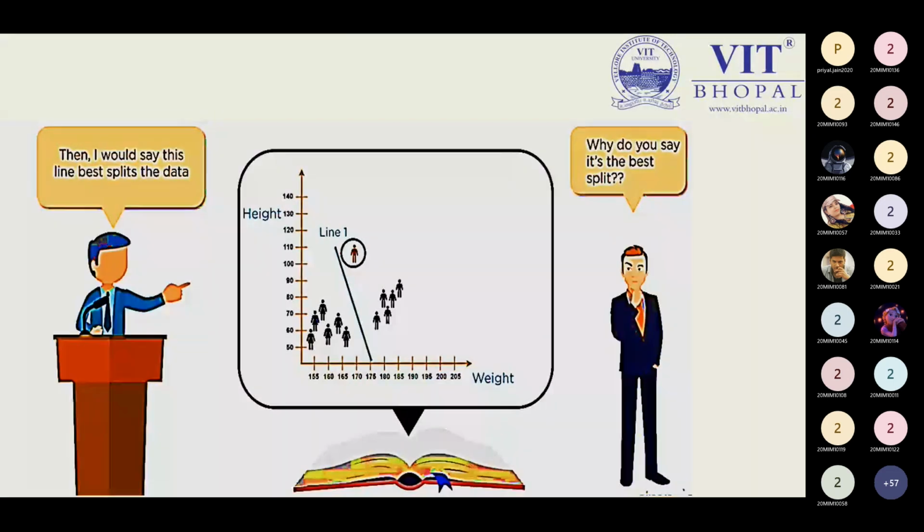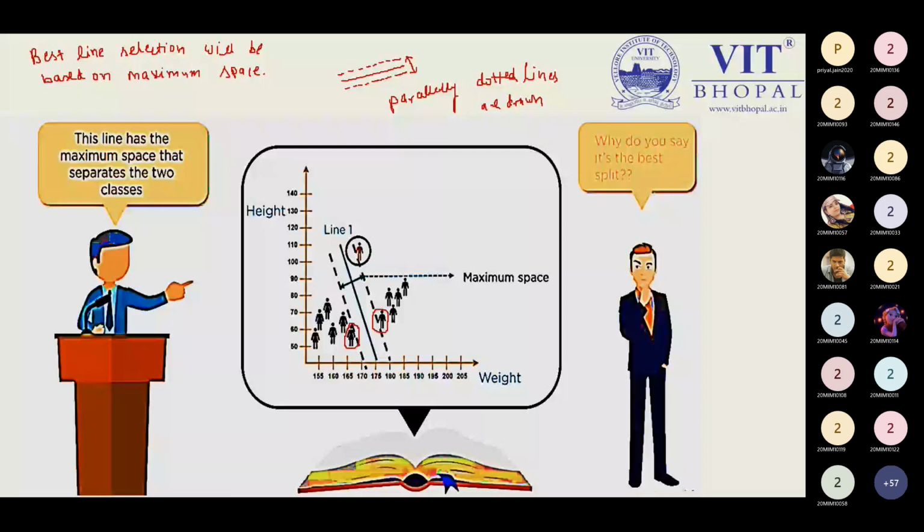This is a technical term we have to use. Baseline selection will be based on the maximum space. And what is maximum space? In parallel, I have drawn dotted lines on the graph along with line one.